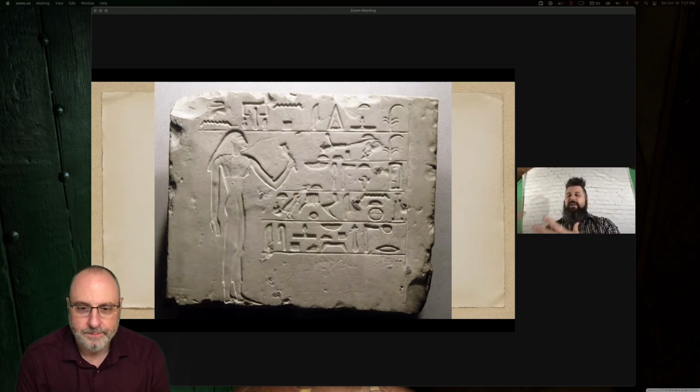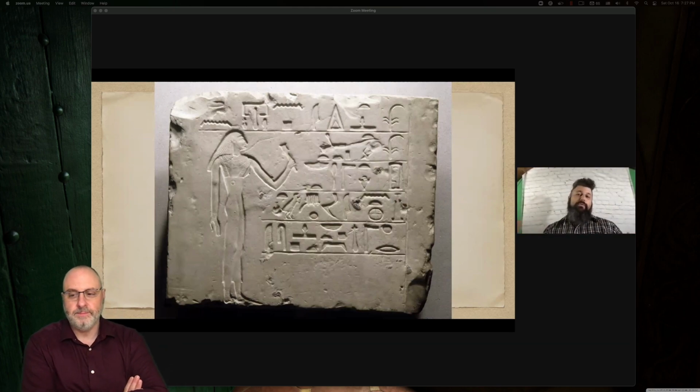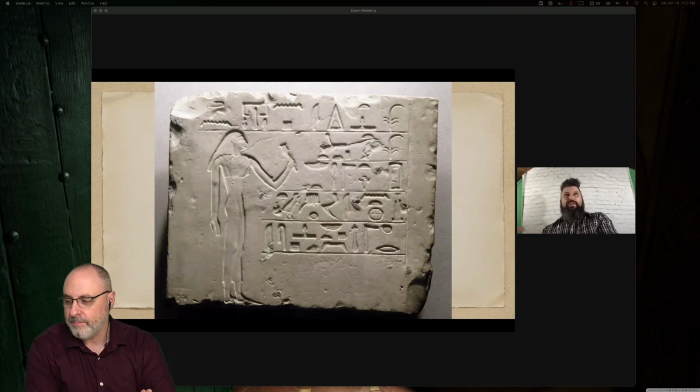They say an offering the king gives because the king represents everybody. So all good things that people do go through the king. Now he's making an offering, and it's not entirely sure whether he's giving this to Osiris, or if Osiris is helping the king. And those are debated.